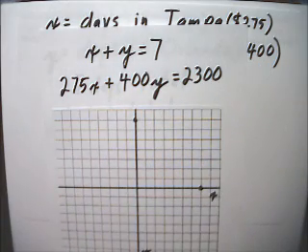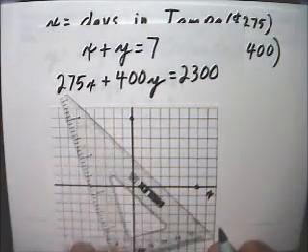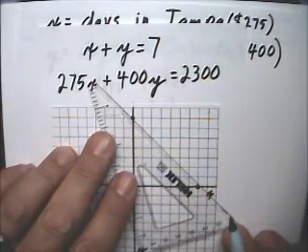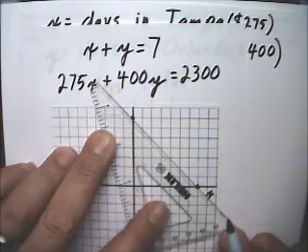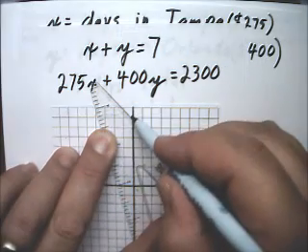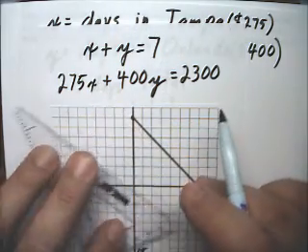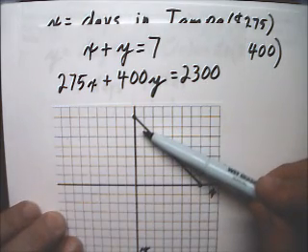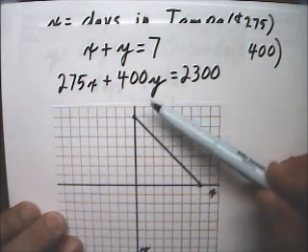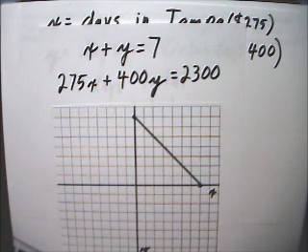Okay, so there are those 2 points. I'll connect them up. See, and you have the points 6, 1 and 5, 2. All of those add up to 7.